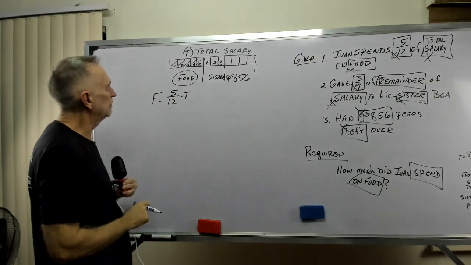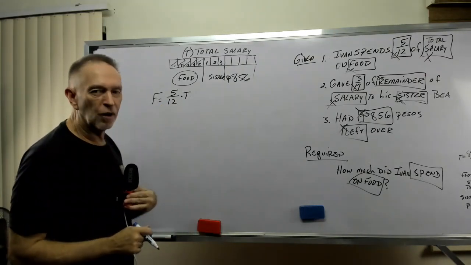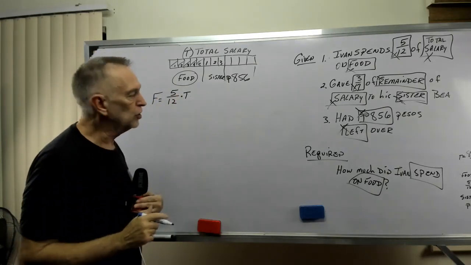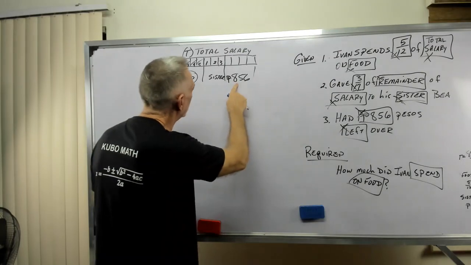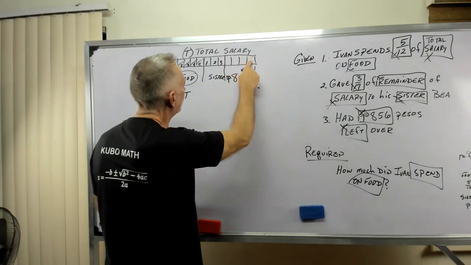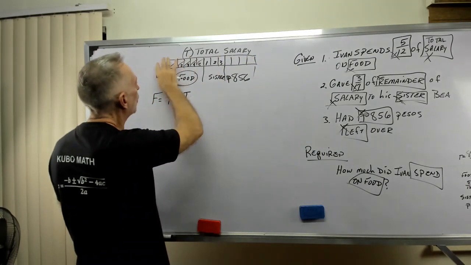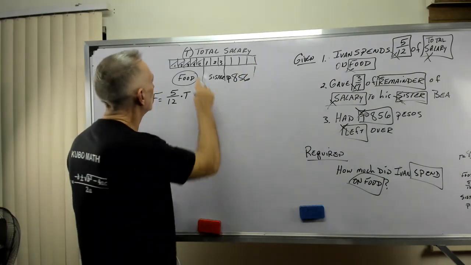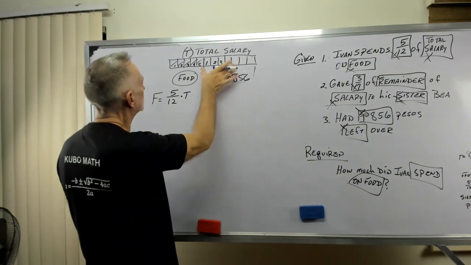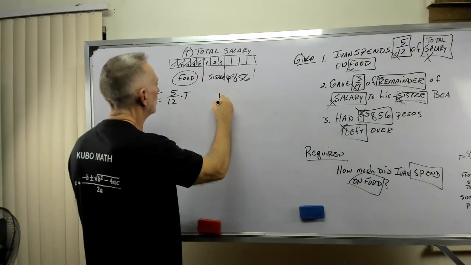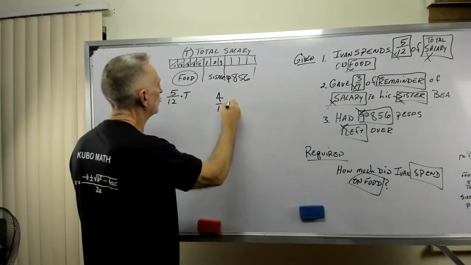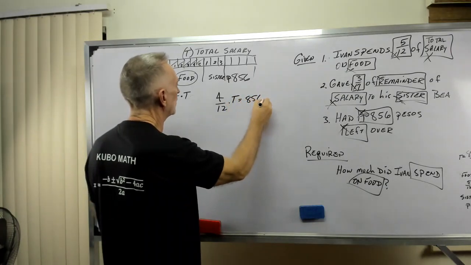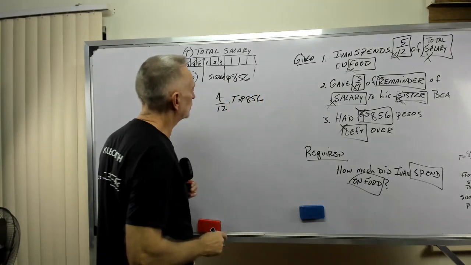5/12 of T. Well, we don't know what T is, do we? Oh, but we could. We have 1, 2, 3, 4 of 12 is 856. 4/12 times T equals 856 pesos.